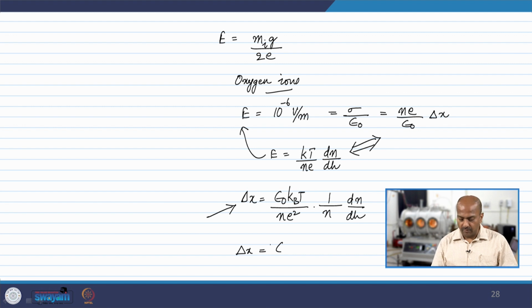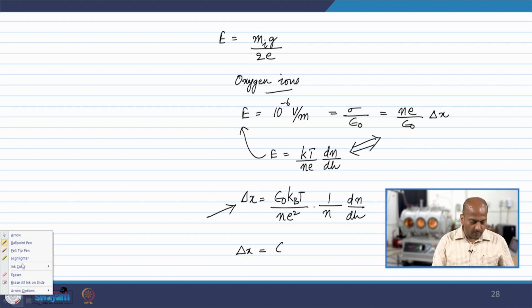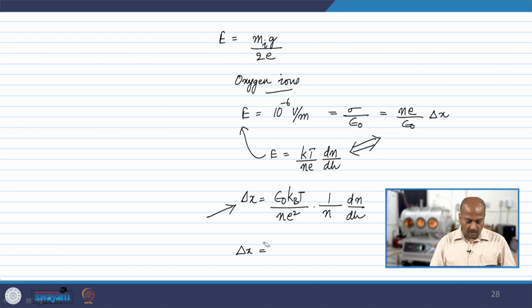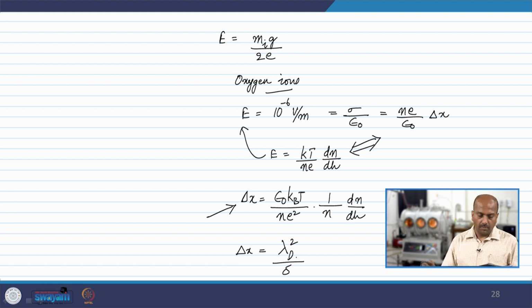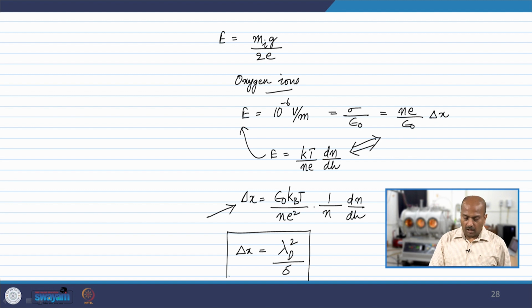This is a very familiar term that we know very well, which is nothing but lambda d square by some delta. Here lambda d is the Debye length, and delta is just the distribution height.